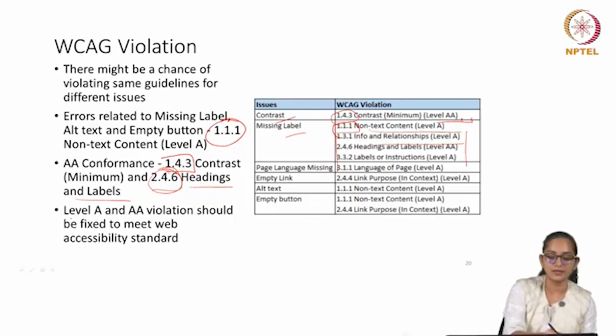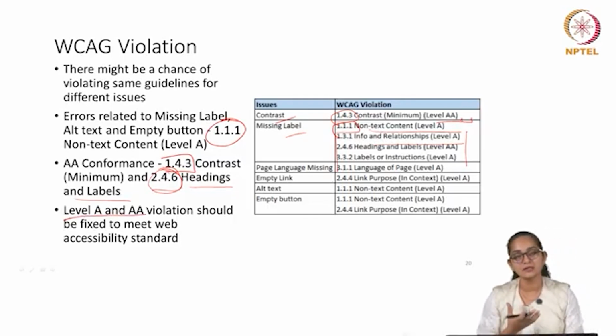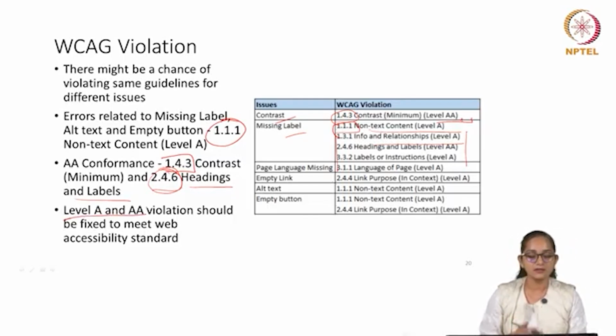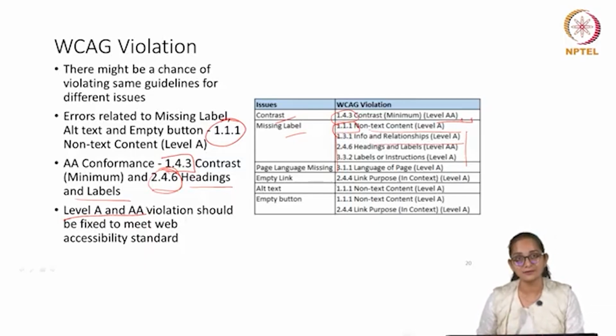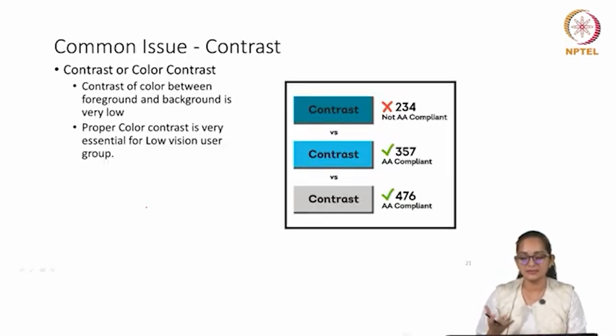Right. So, as we discussed, all the legal mandates are around A and AA levels, and both of these level-related criteria have to be fixed in order to make your web legally compliant with the mandate. This is one more example of a common issue.